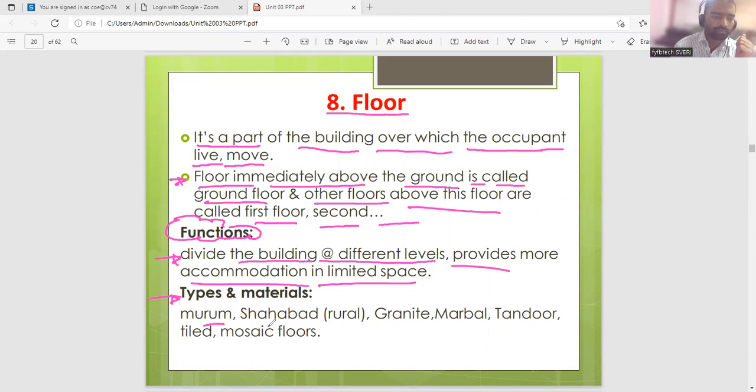Muram, Shahabad, granite, marble, tandoor, tiled actually. Okay, एक ही word है. Tandoor tiled. Mosaic floors.